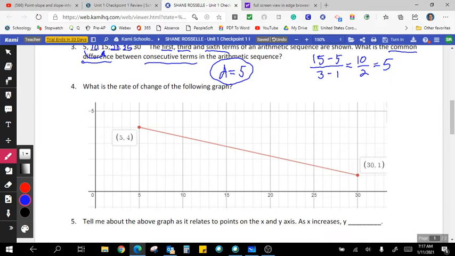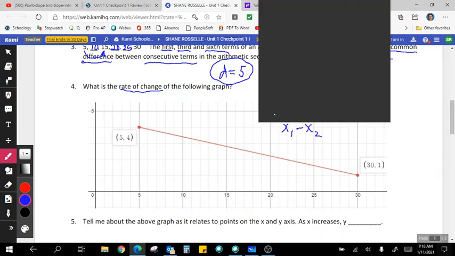Okay, so my next one says, what is the rate of change? Rate of change is the change in y, okay? So we're going to call it y1 minus y2 over x1 minus x2.